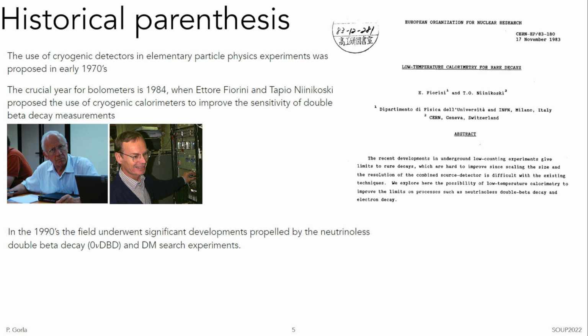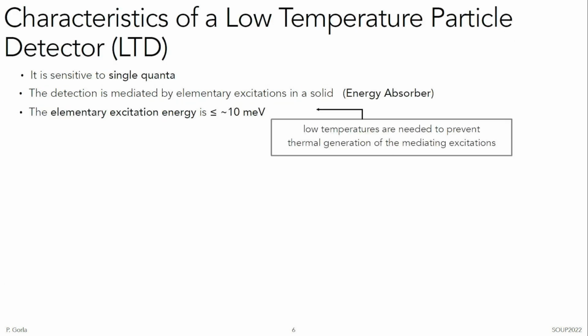But in the 90s, there was a huge development of the cryogenic detector community, boosted especially by neutrino-less double beta decay and dark matter search. And nowadays, cryogenic detectors have found a real large set of fields in which they are extremely useful and can bring very exciting results.